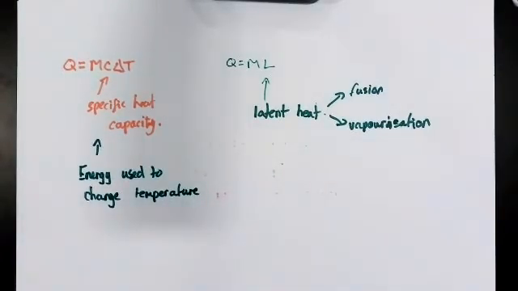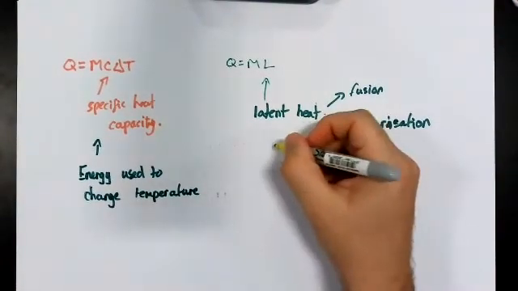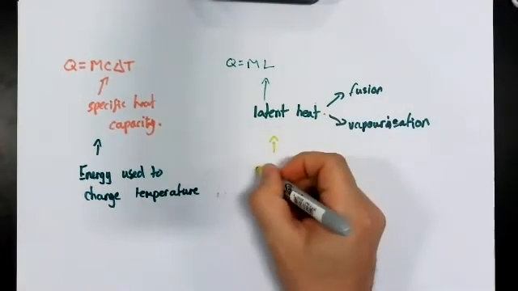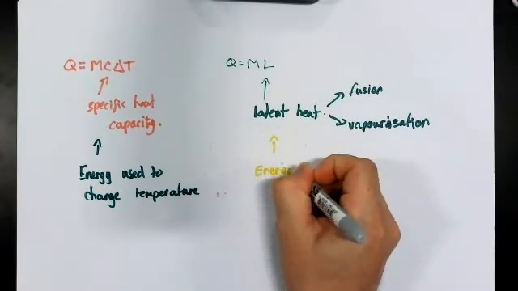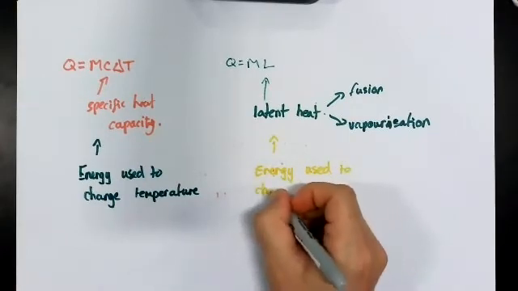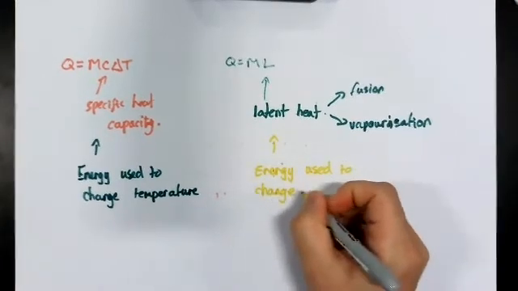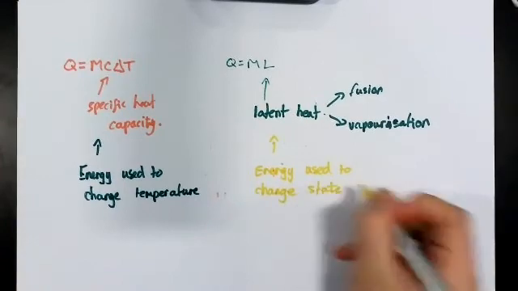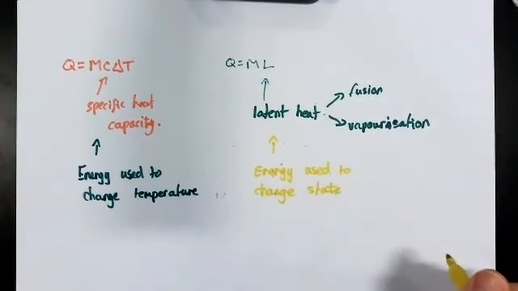Okay. What about the other equation? Well, the other equation is where energy is being used to change state. So the energy in this case is being used to change state.